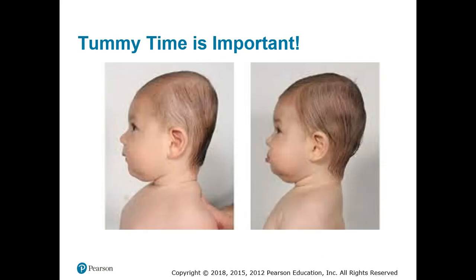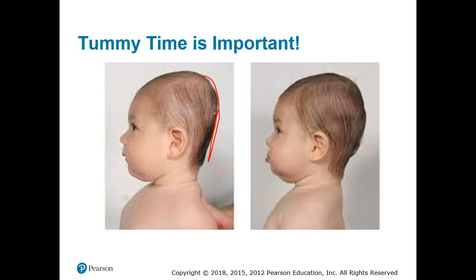The other thing that I want to point out is that when you have children, especially infants, tummy time is very important. You might have heard moms talk about this or any kind of adult. You may have heard it in your child development parenting class with your teacher. But tummy time is important because when you always have a child laying on their back, they're putting a lot of stress or pressure on the back of their head. And over time, that can lead to a child having a flat head.